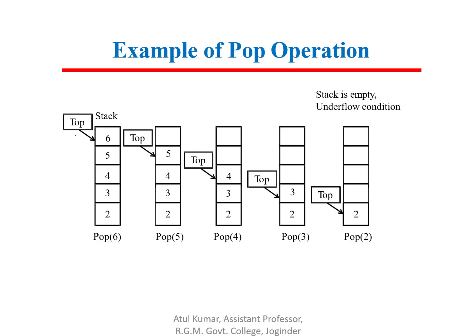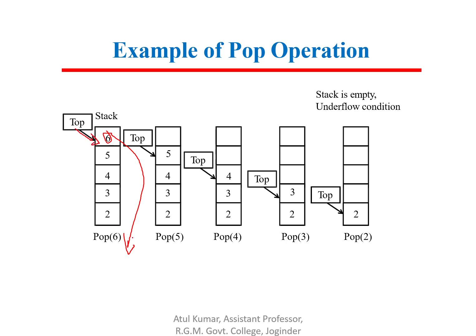Suppose in the same scenario we have a stack and it is already full, and we want to perform a pop operation. Firstly 6 is popped or deleted from the stack, and now the top is pointing to this position.